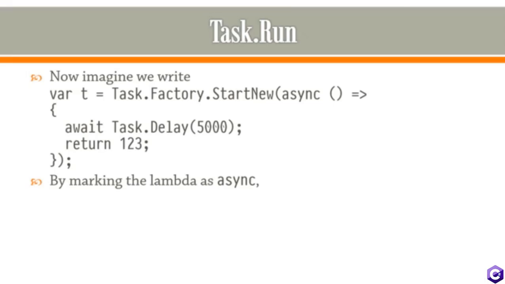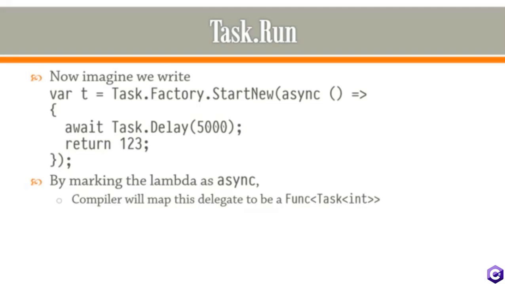So the compiler will take the lambda and map it to a Func of Task of int, and as a result the type of t is once again going to be Task of Task of int, which might not be what we want, because all we want is a task whose return type is the type that we want, the 123. So we actually want a Task of int. So we want to somehow remove the extra layer, so to speak.